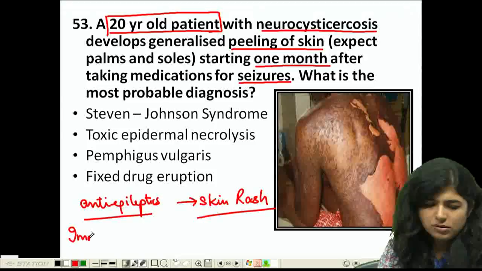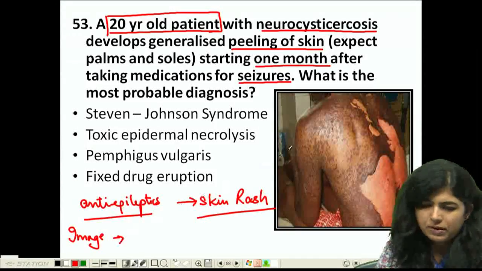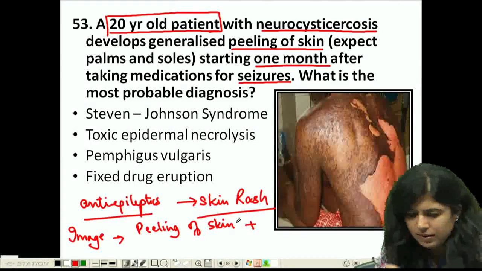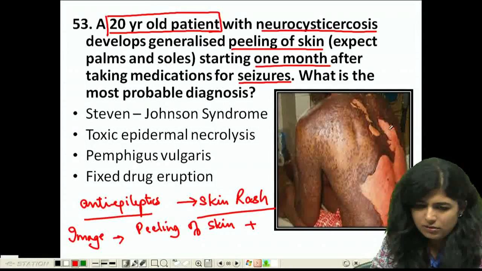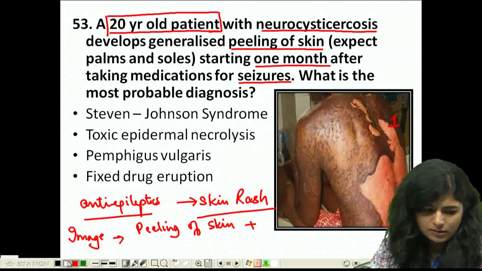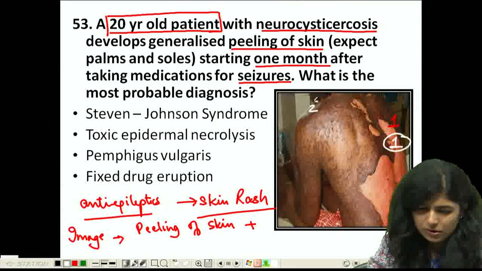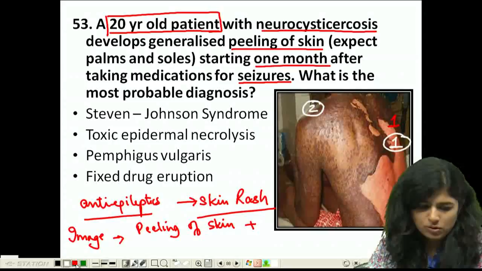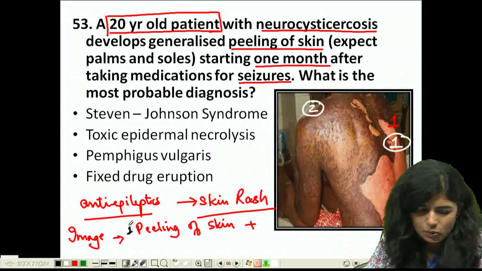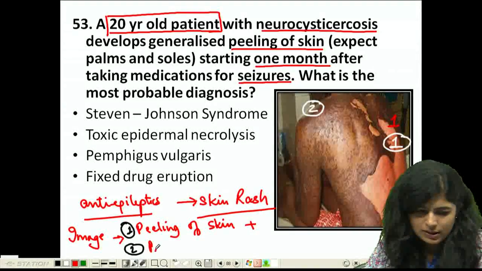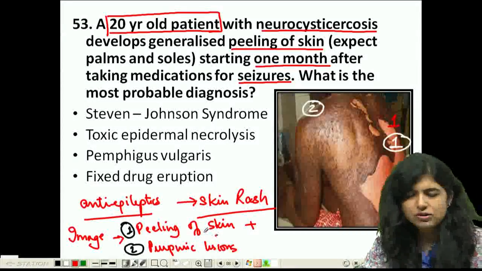The image tells you that there is peeling of skin, right? See this here, number 1, and you see these number 2 lesions. So what does it tell you? In number 1 it is peeling, in number 2 there are these widespread purpuric lesions.